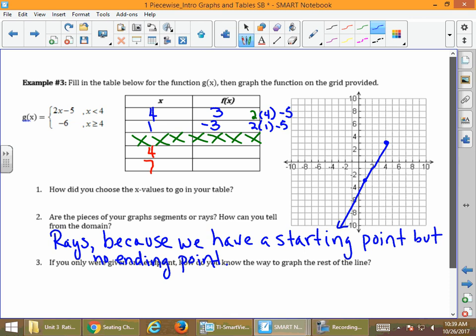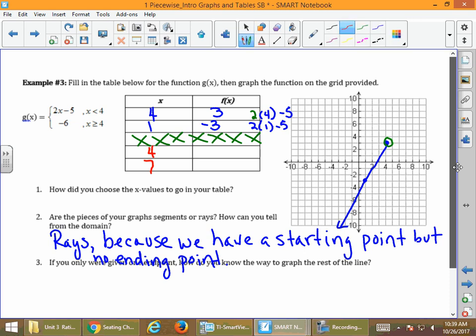As we put those values in, we need to ask ourselves, do we need an open circle on this? And the answer is yes. It says x is less than 4. There's no equal there. So we're going to put an open circle right there. And then we're going to do the 4 and the 7.